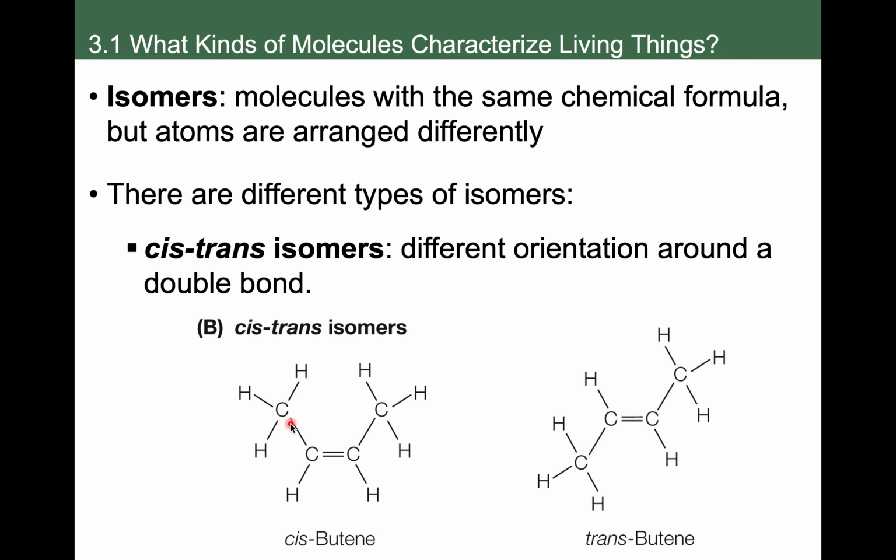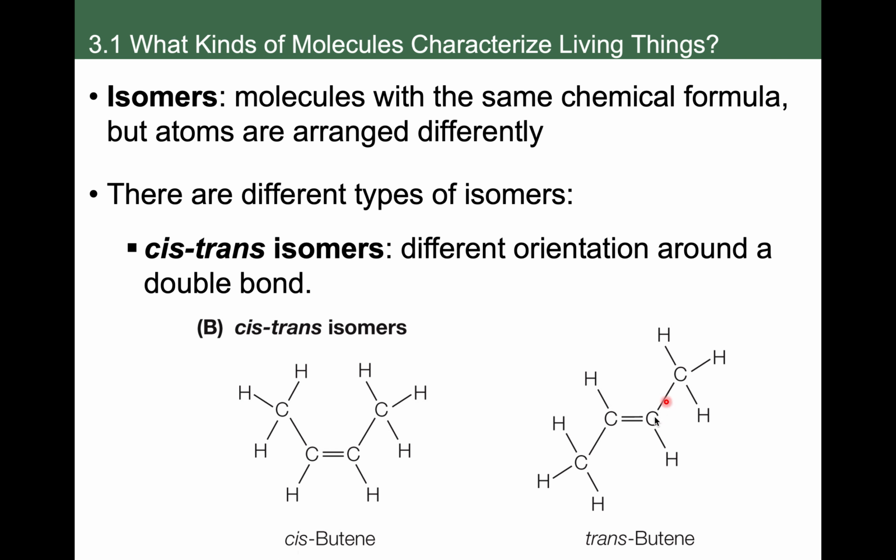Another common type of isomers are what are called cis-trans isomers. So these are isomers where you have different orientation around a carbon-to-carbon double bond that's typically somewhere in the middle of that molecule. So if you have whatever's happening on opposite sides of that double bond kind of oriented in the same direction, those would be considered cis-oriented.